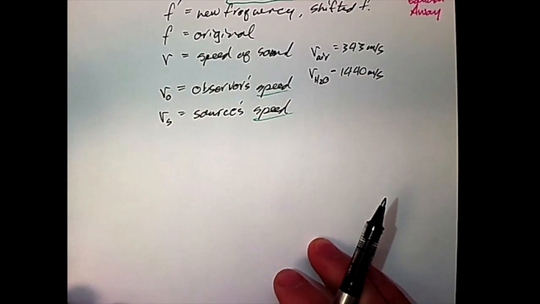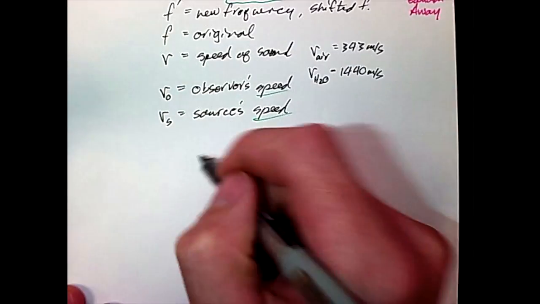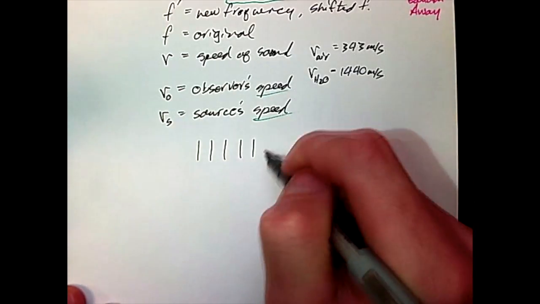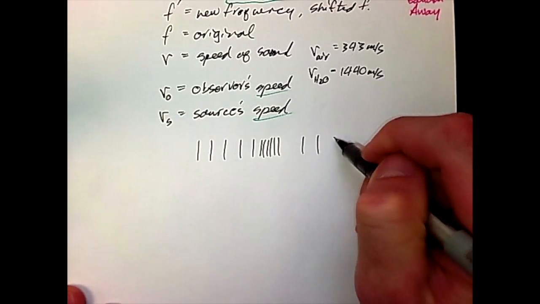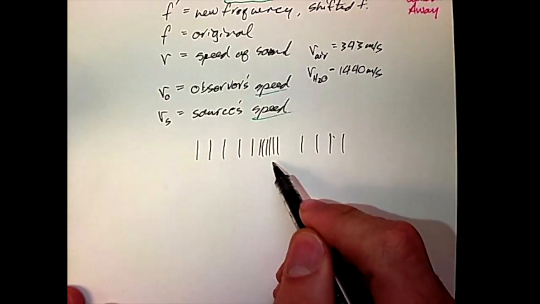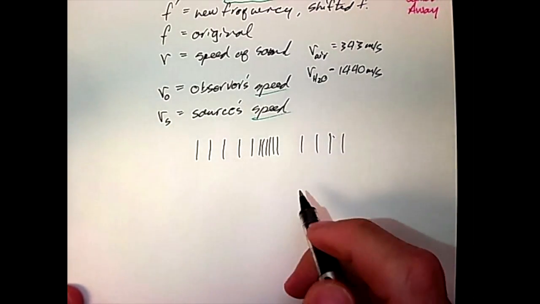Fundamentally, just to go over how this is actually working in practice, if we think about sound as a longitudinal wave, that means that there are compressions and rarefactions propagating through the air. A compression is an area where the waves are compressed together, and a rarefaction is an area on either side where the air is being spread apart.